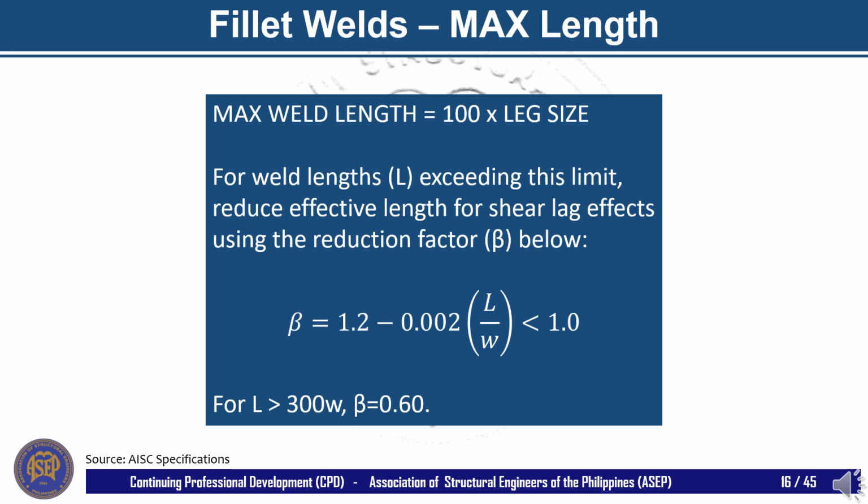For welds that exceed this limit, the effective length must be reduced to account for shear lag effects, using the reduction factor beta, as shown in this slide. And for weld lengths greater than 300 times the leg size, beta is limited to 0.6.